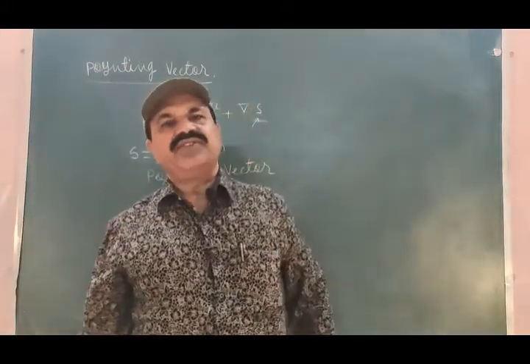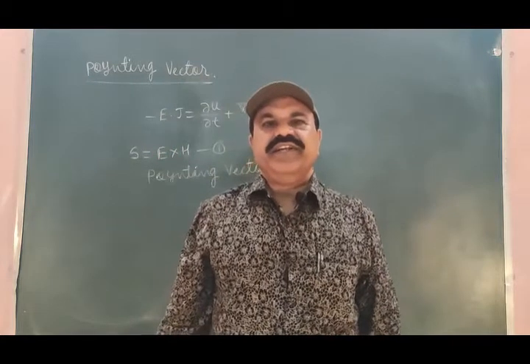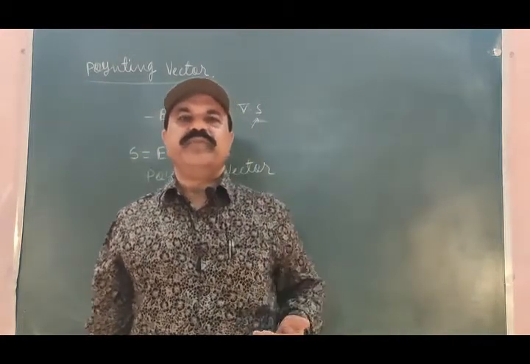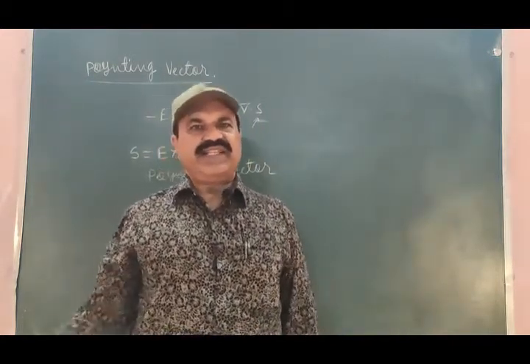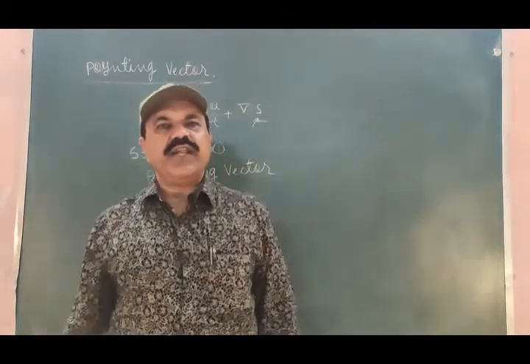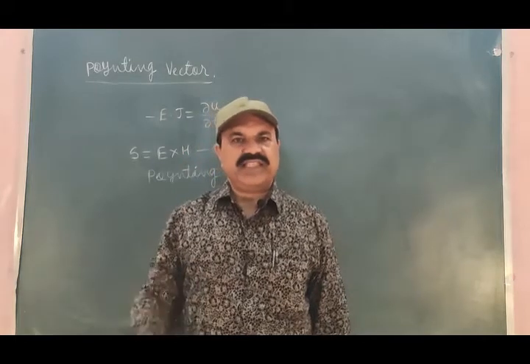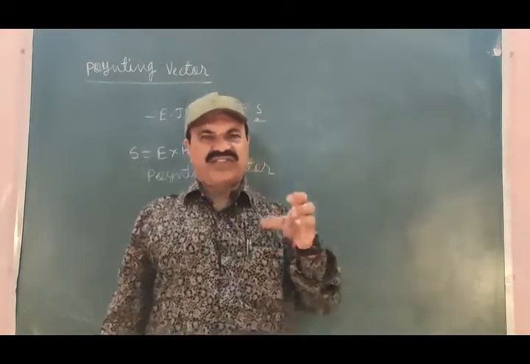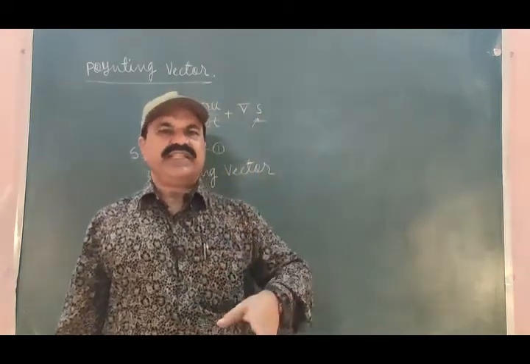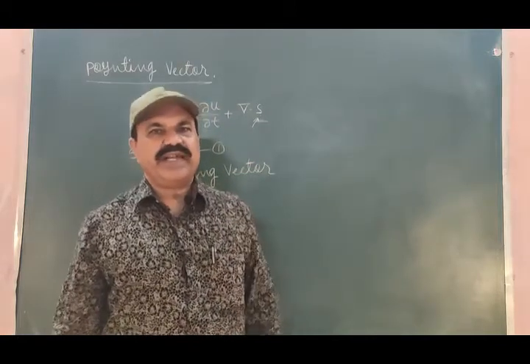And what is the Poynting vector? It is the flux of power transmitted into the electromagnetic field. Poynting vector is nothing but the power flux transmitted into the electromagnetic field.